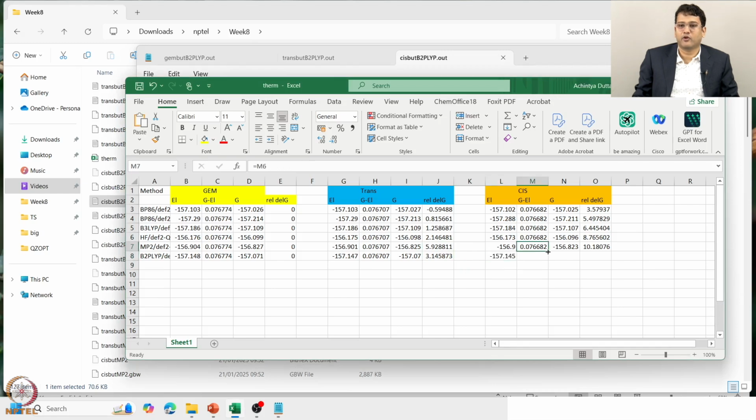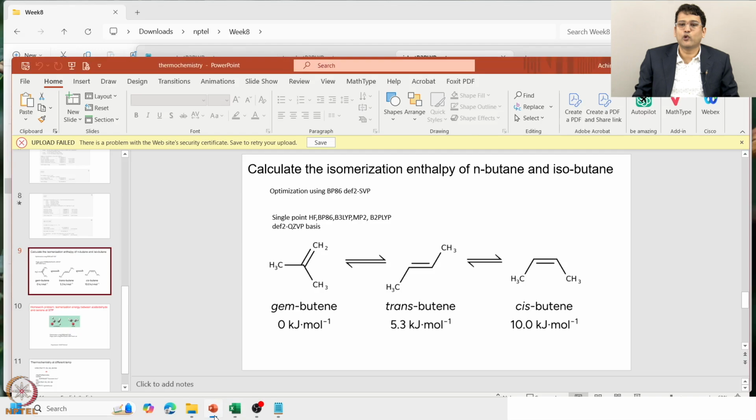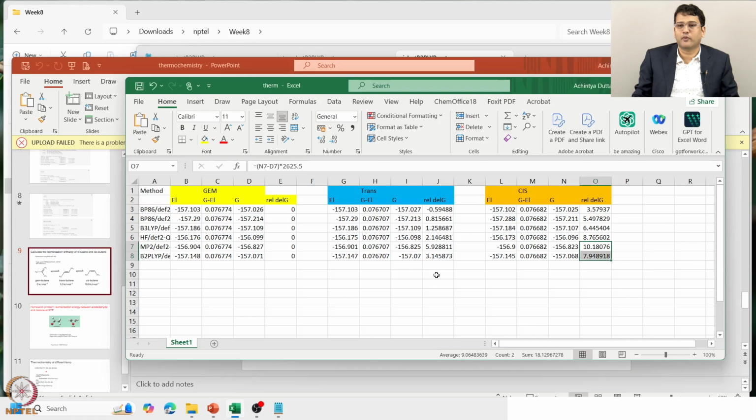I add the thermochemistry contribution, this total free energy, and this is the relative free energy. Now if I look with respect to the experiment, it is 5.3 and 10.0 kilojoule per mole.